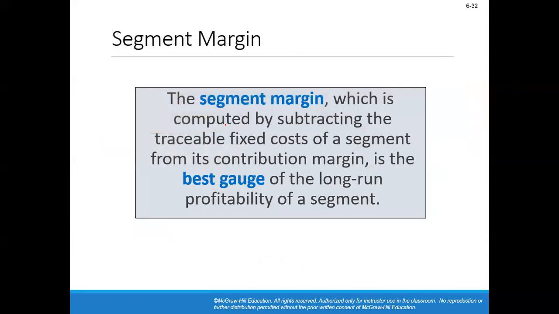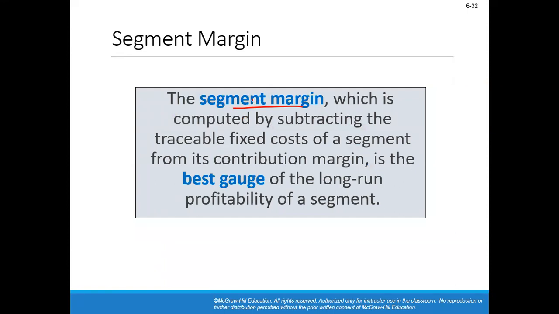So we want to know the segment margin for knowing the profitability or the performance of a segment, and you can relate it with the contribution margin. I will show you how it is related.